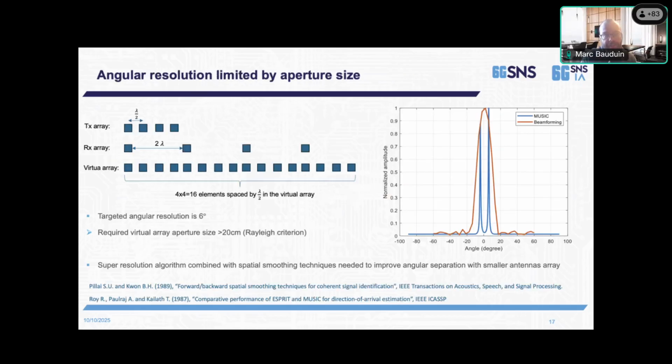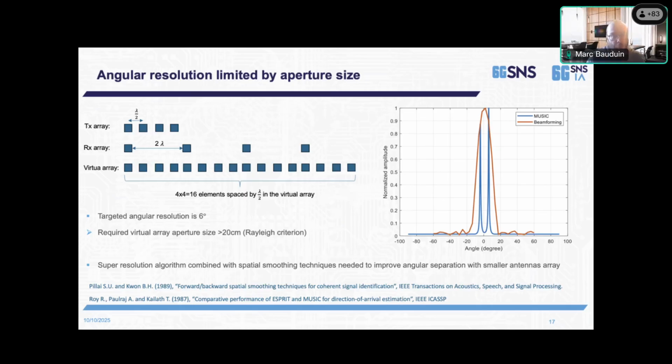Next slide, please. On the previous slide, we saw the performance in range to be able to detect small targets at long range, but you also want to use the same radar for angular domain processing. In radar, we can use the concept of virtual array, such that if the receiver is able to separate the signal coming from each transmitter, we can synthesize what we call a virtual array, which contains more antennas than the physical elements.